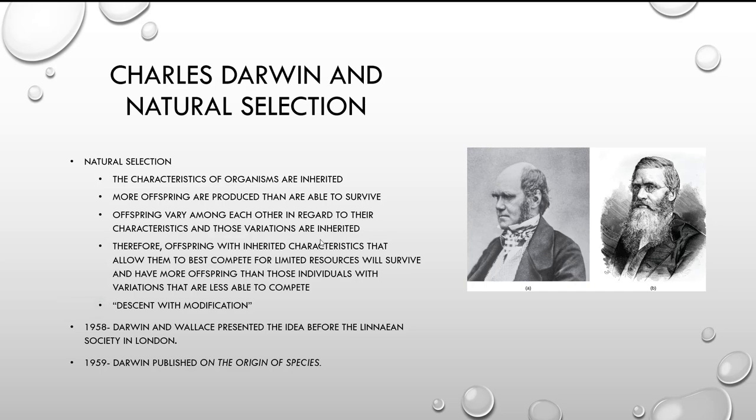And so he actually collaborated with Wallace. Around this time of 1858, Wallace was really, really sick. He had contracted something from his trips. So Wallace wrote down all of his ideas, and Darwin took his ideas and presented them. They presented the ideas together before the Linnaean Society in London in 1858.